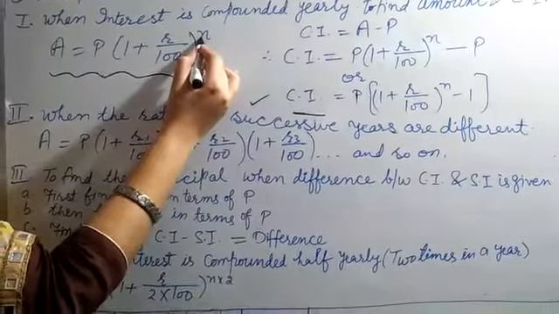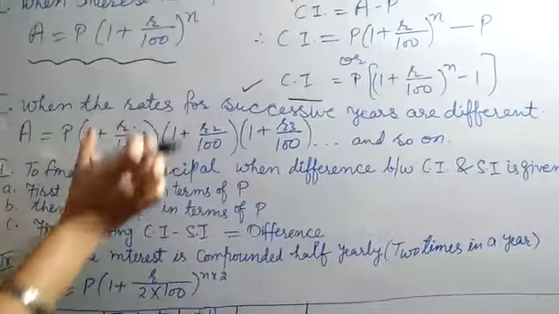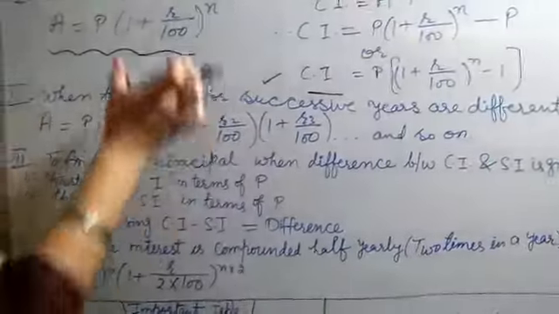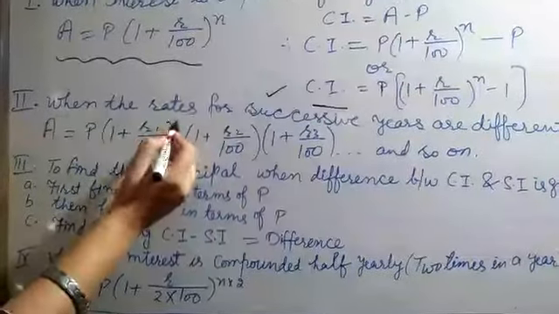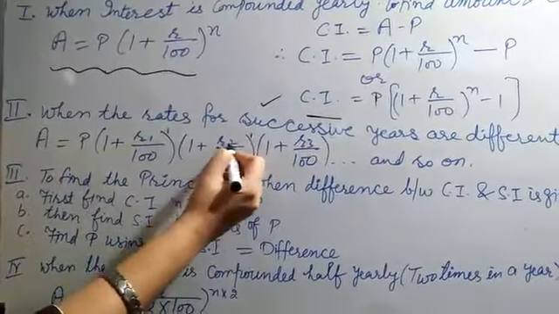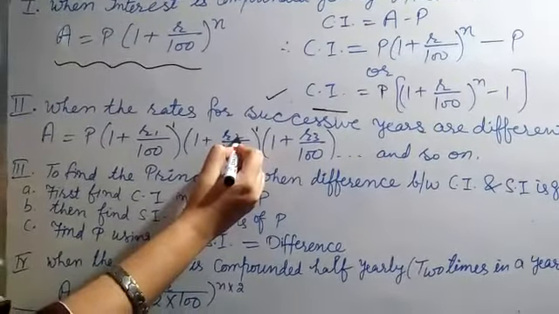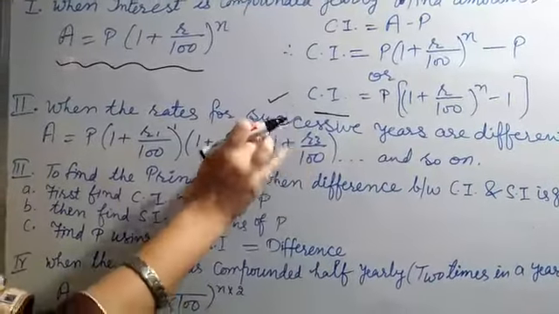If it is 2 years, we have 1 plus r over 100 raised to power 2, but here we have different rates. So see, we are not writing n now because it is for the first year, then for the second year we take the second year's rate of interest, then for the third year again we take the third year's rate of interest.